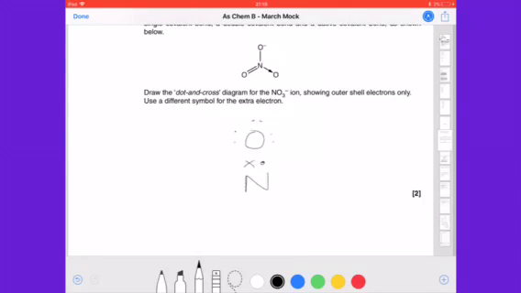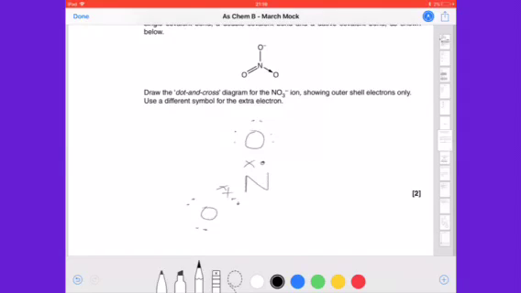Then to the bottom left corner you have a double bond, which means that you have 2 electrons from nitrogen and 2 from oxygen. This oxygen atom then has a further 4 electrons of its own, like that there.